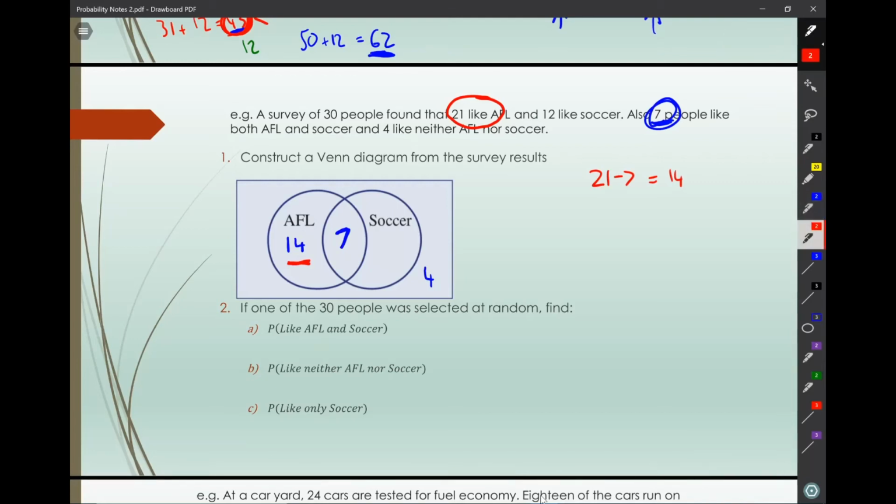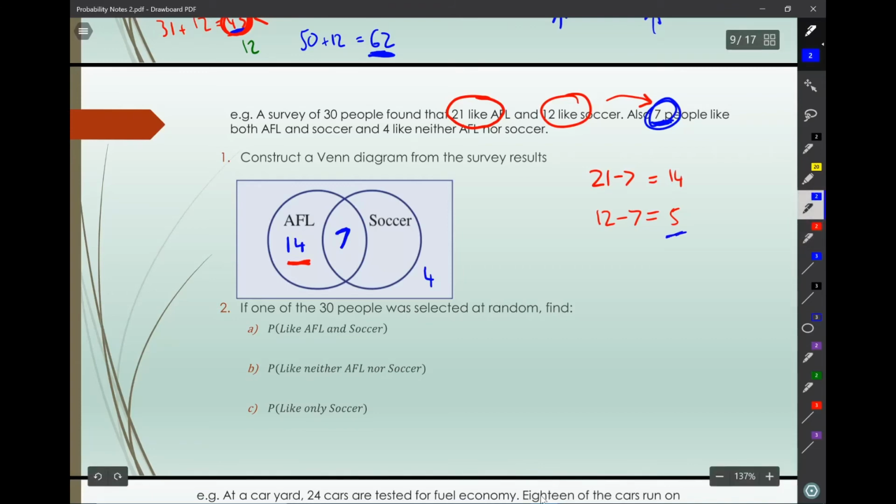And we have to do the same again on the soccer side. 12 people like soccer, but remember, 7 of them are already accounted for in the people that like both sports. So the number of people that like only soccer are 12 minus 7, or 5. So this is the number that goes here.